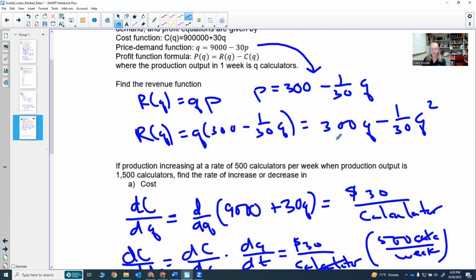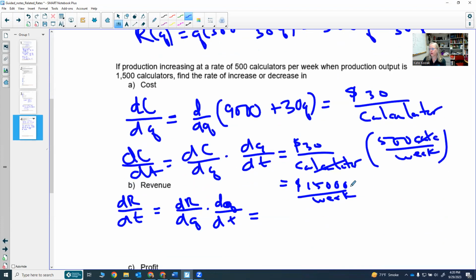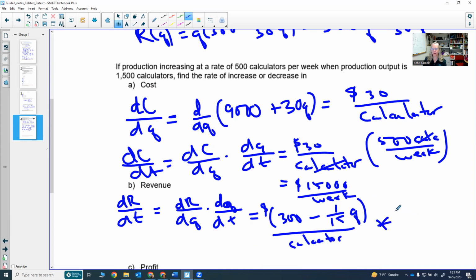So you're just going to take the derivative of R of Q, and that will give you 300 minus 1/15th times Q. And that's going to be your dollars per calculator. And then you're going to multiply that by your 500 calculators per week.